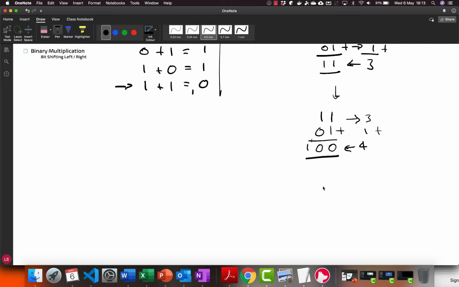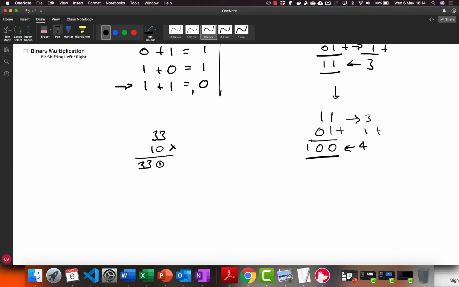So 1, 2, 4, 8, 16, 32. That's the number you'll be multiplying or dividing by. And it's actually quite straightforward. Let me just go back to decimal. If I have a number 33 times 10, anything times 10, you move the whole number to the left and put a 0 on the end.